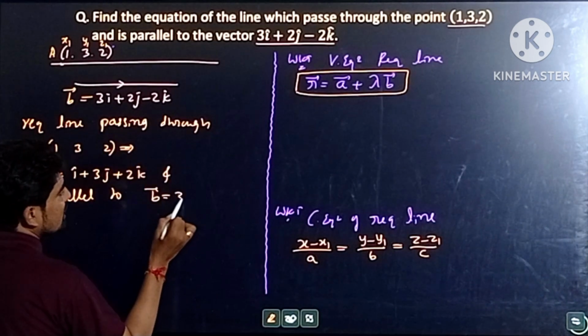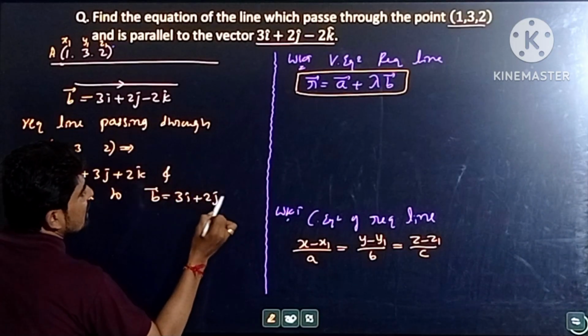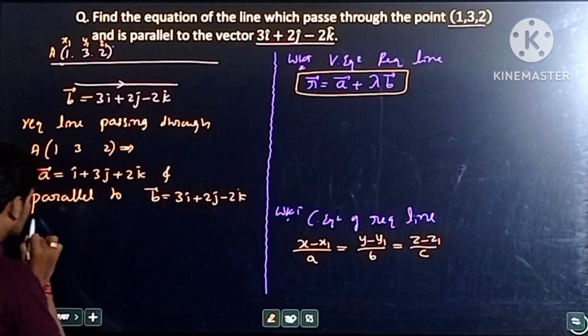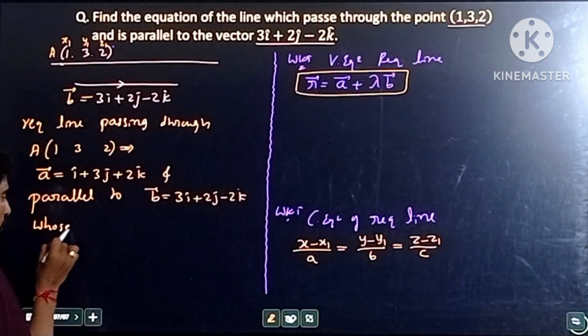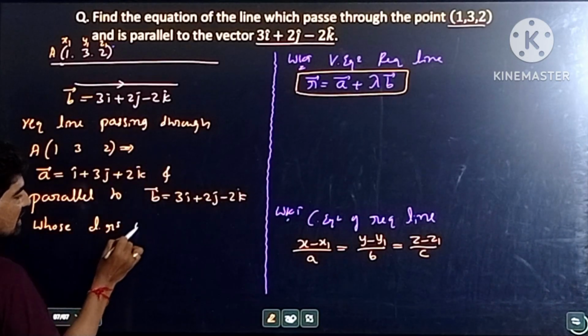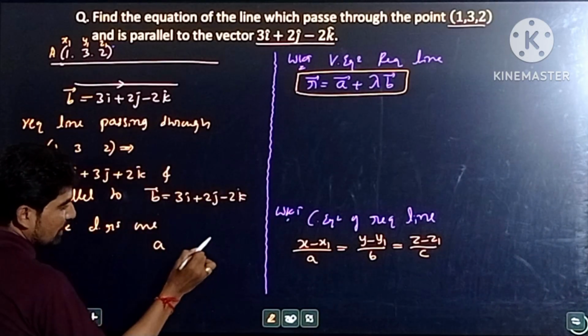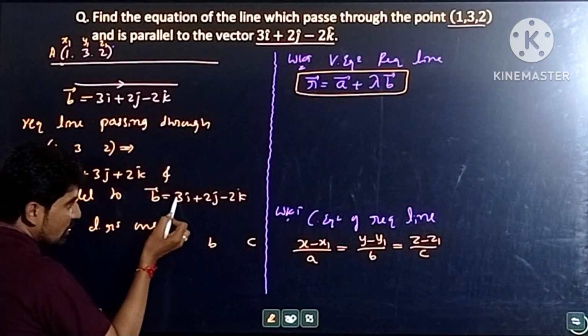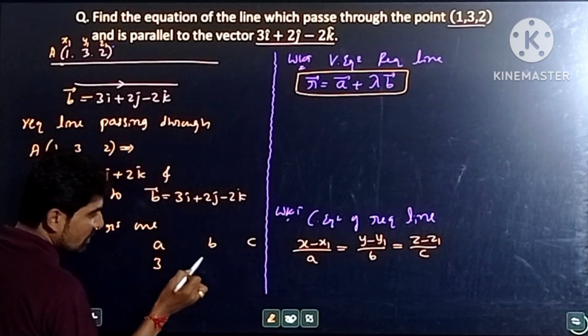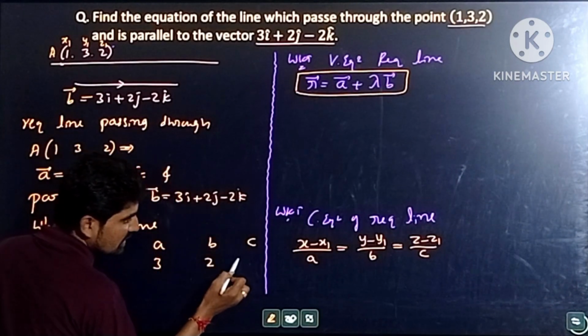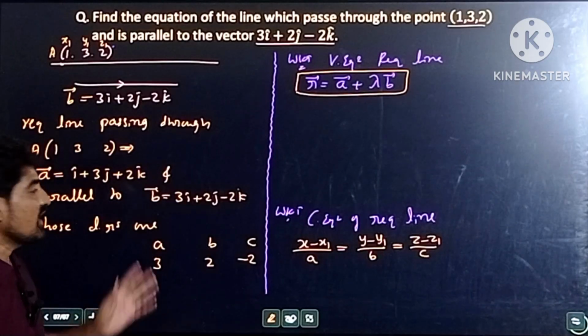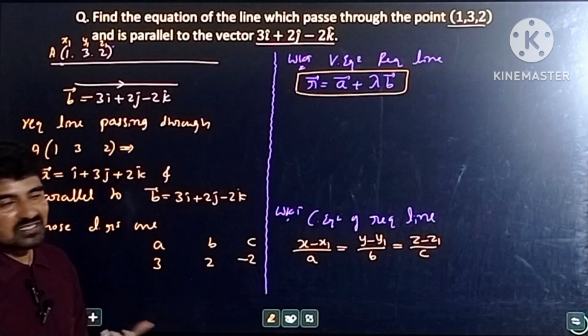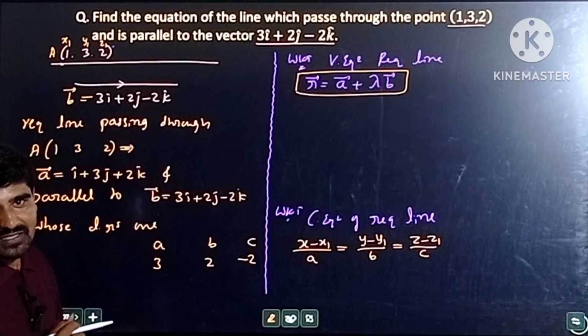B vector is 3i plus 2j minus 2k, whose direction ratios are a, b, c, where the value of a is 3, the value of b is 2, and the value of c is minus 2. The coefficients of i, j, k in the parallel vector are known as the direction ratios of the line.